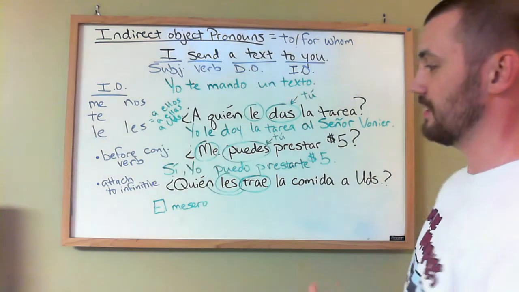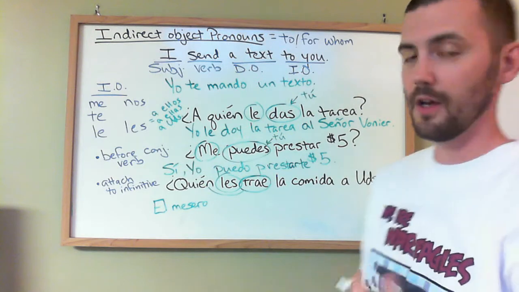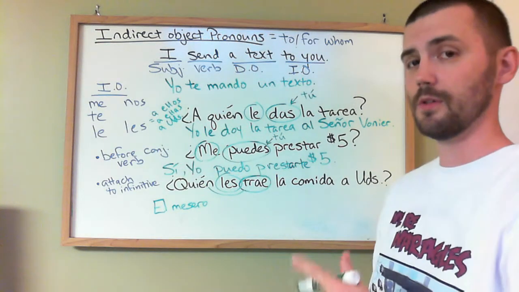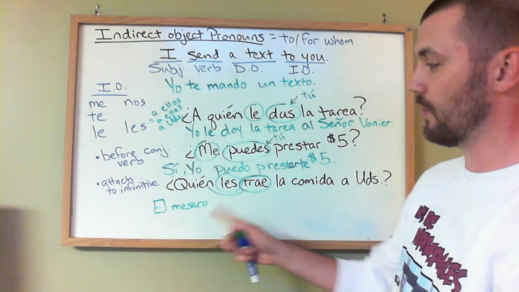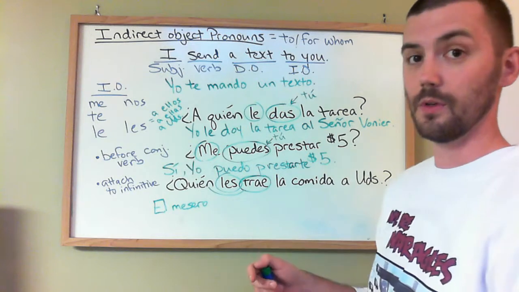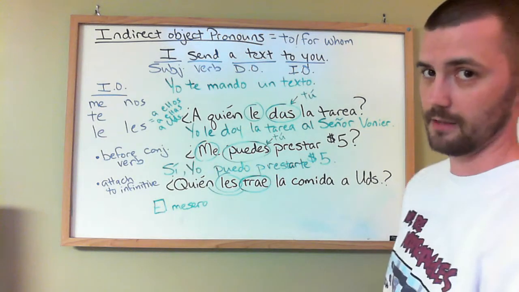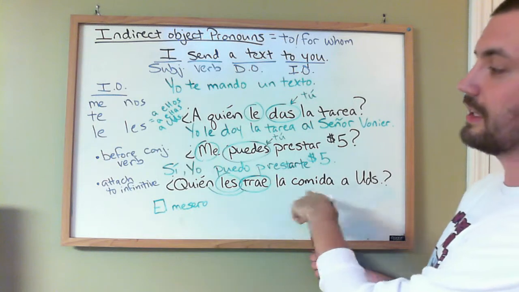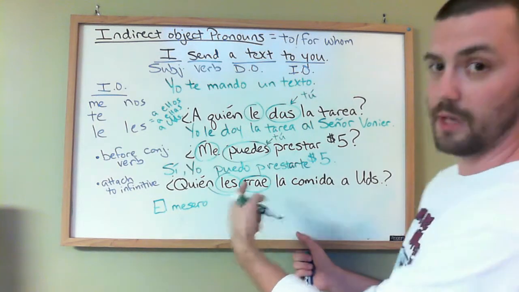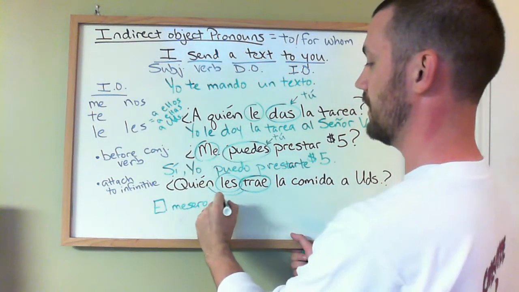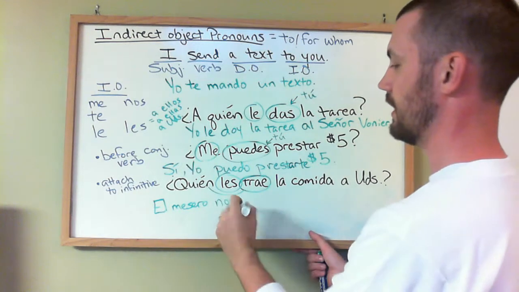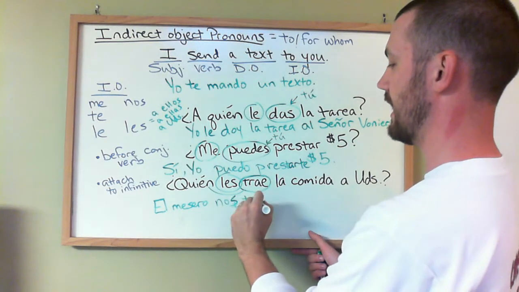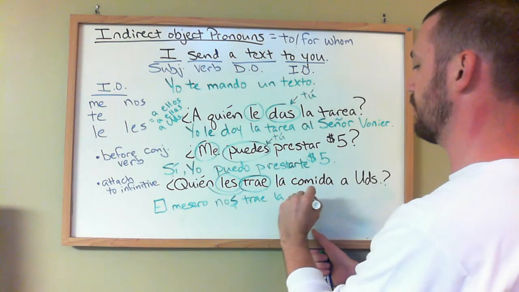So if I ask a question, who brings the food to you all, you would say the waiter brings the food to us, right? Be careful with ustedes. Always ustedes, you all, in the question, it'll be us or we in the answer. So we're going to put it before the conjugated verb. Nos trae la comida.